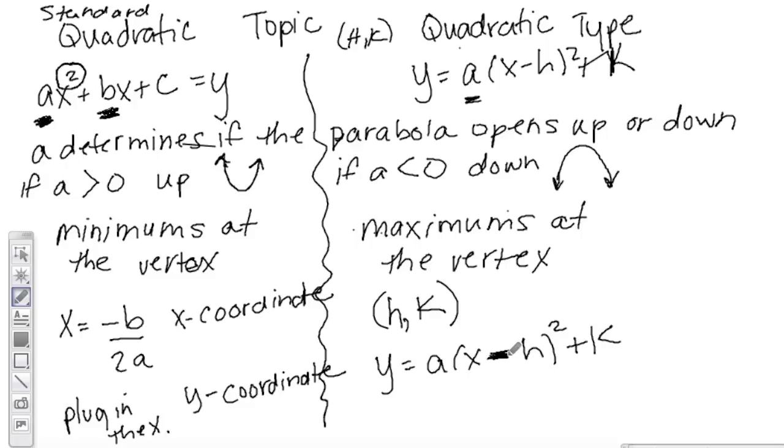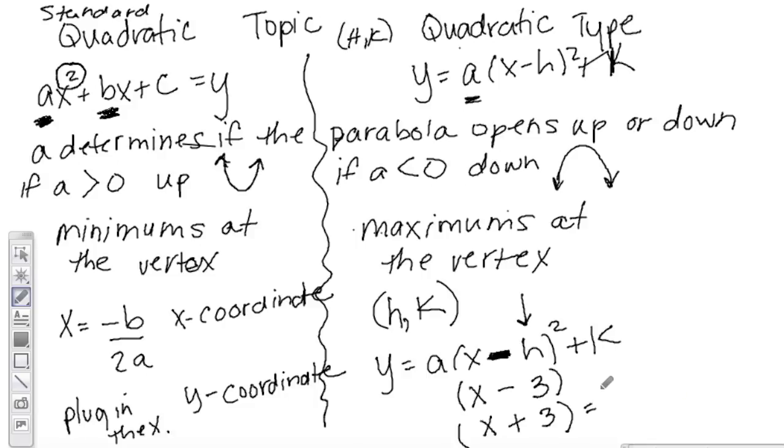In other words, in the standard formula, there is a negative. That means that if you wanted to know what h was, you must pay very careful attention to what the actual value is. If you had x minus 3, h would be 3. If you had x plus 3, h would be negative 3.